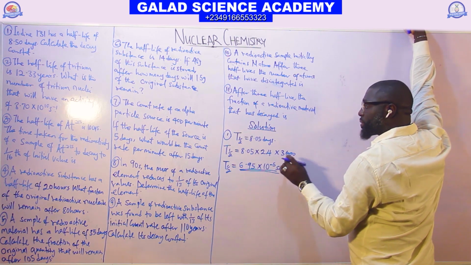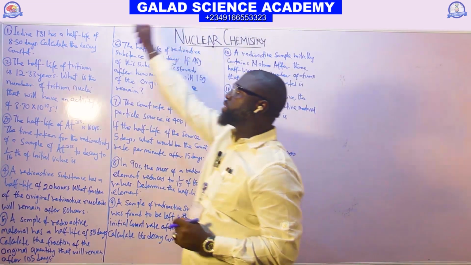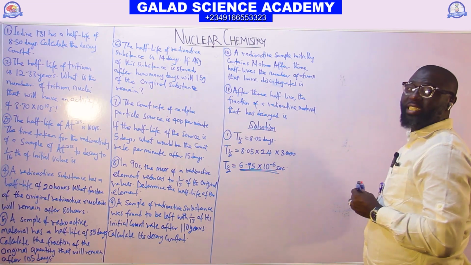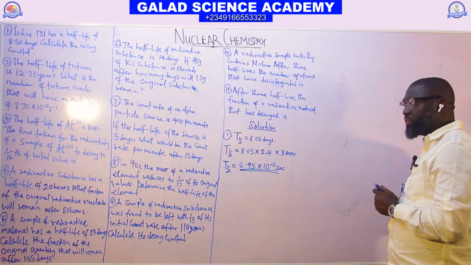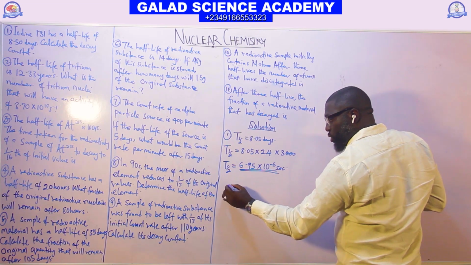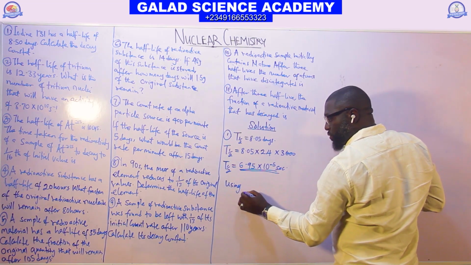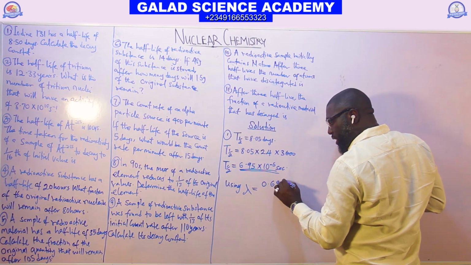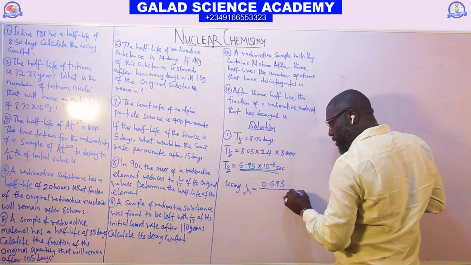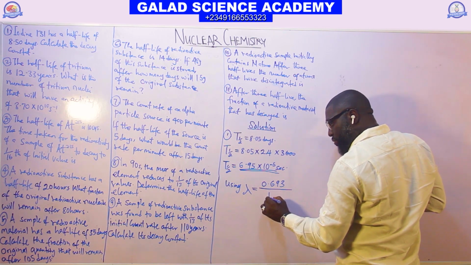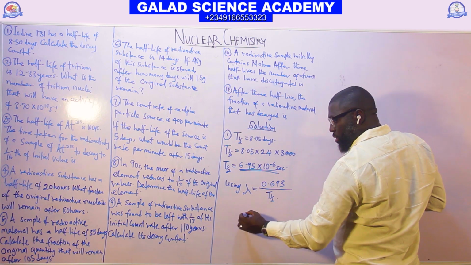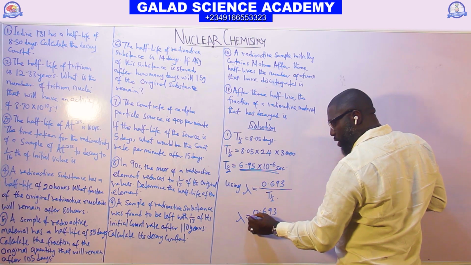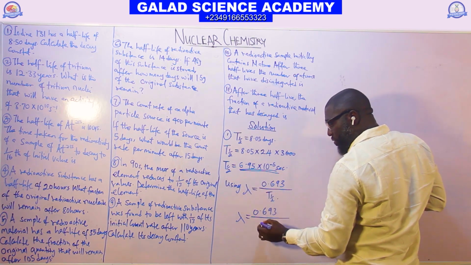This is the half-life, but we are asked to find the decay constant, which is lambda. Which formula relates decay constant and half-life together? We know that the decay constant is equal to 0.693 over the half-life.